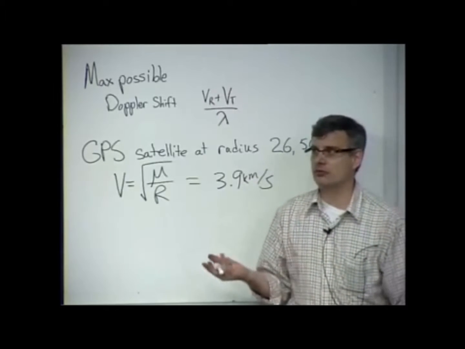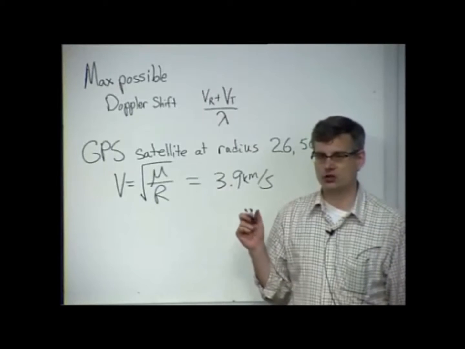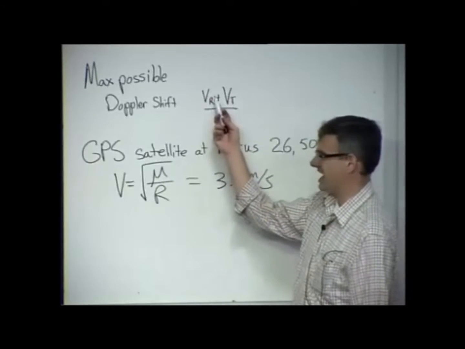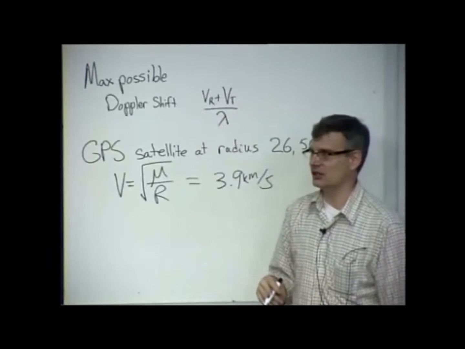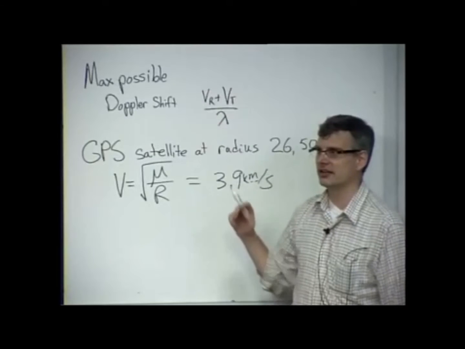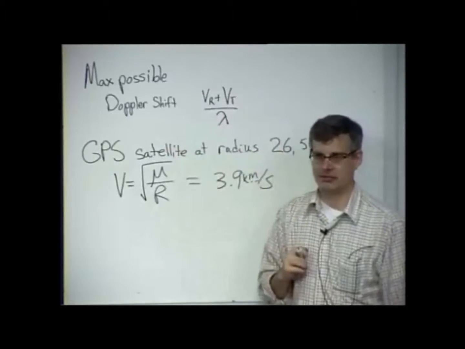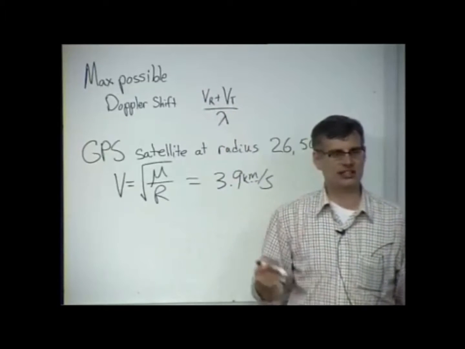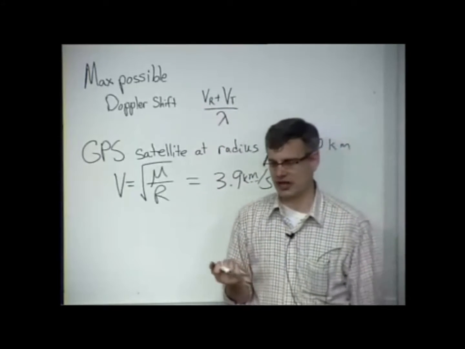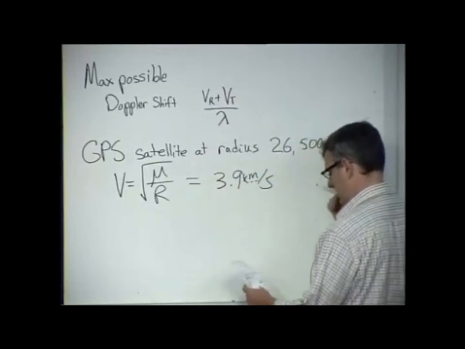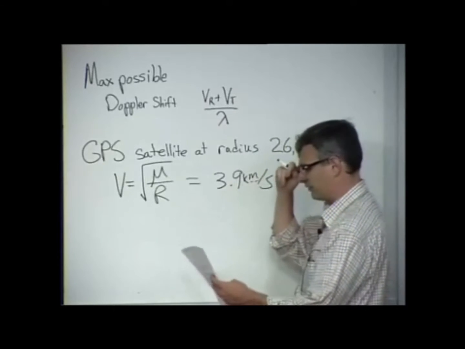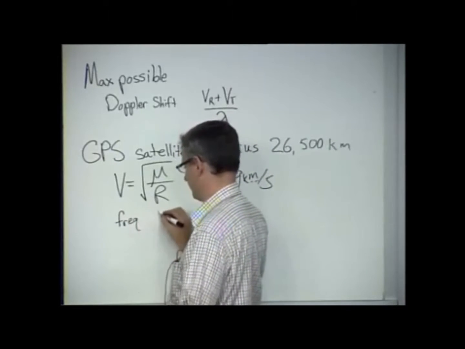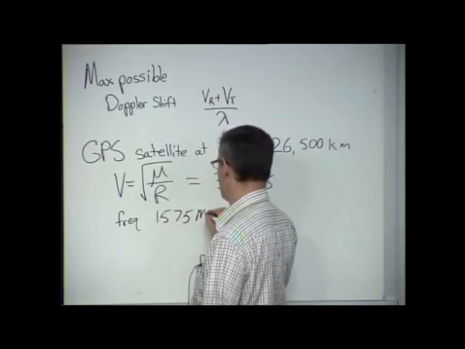Now, just to bound the problem, let's assume that I'm moving directly away from this satellite, that I'm on Earth. Yeah, I'm going to have some residual velocity, but let's pretend it's zero, because it's not nearly this fast. And let's assume that I've got the maximum possible Doppler shift. That's actually hard to do geometrically with a circular orbit, but this will at least bound the problem and give me an order of magnitude estimate of what's going on. So let's see. What frequency does GPS transmit at? 1575 megahertz.